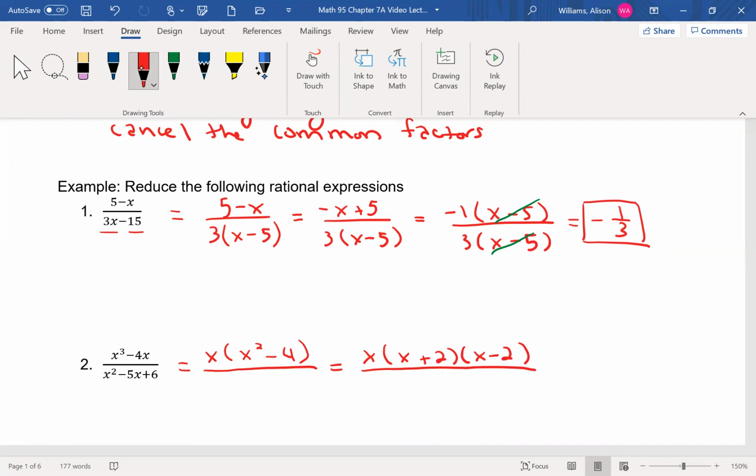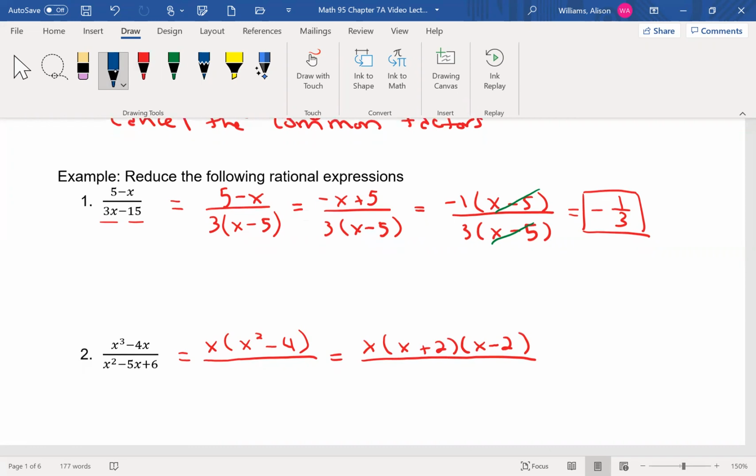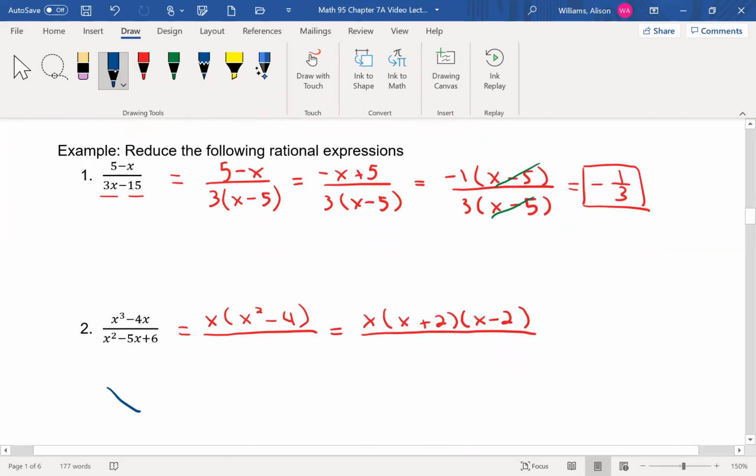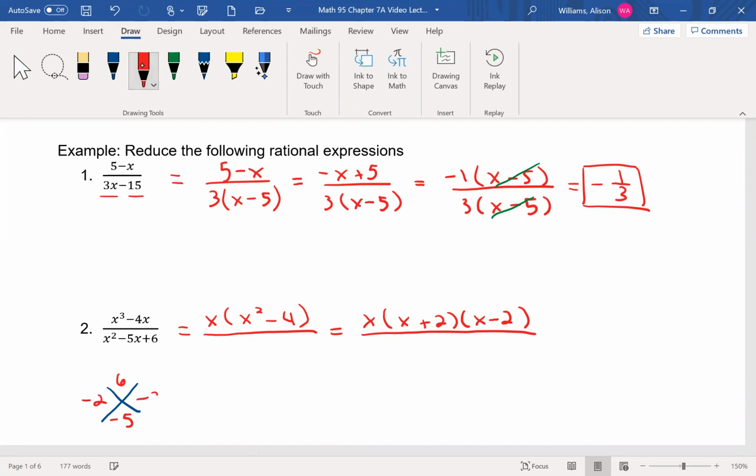Now in the denominator, I'm going to need to use the x method. However, I can use my shortcut because a equals 1 here. When I multiply a and c, that gives me 6 at the top of the x. Bottom of the x is -5. So two numbers that multiply to be +6 but add to be -5 are -2 and -3.